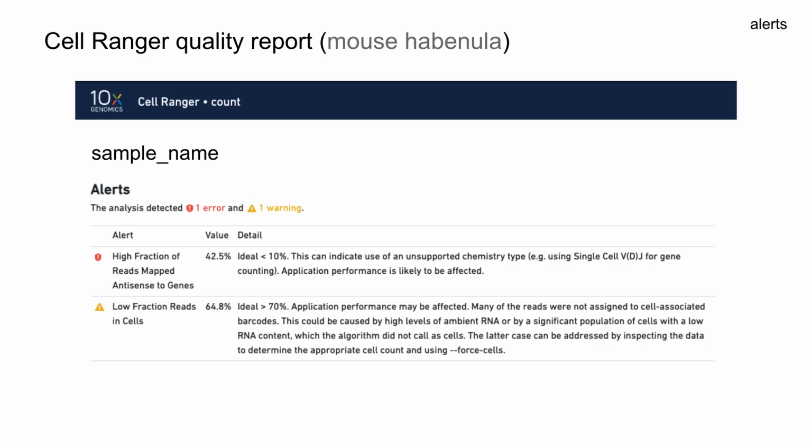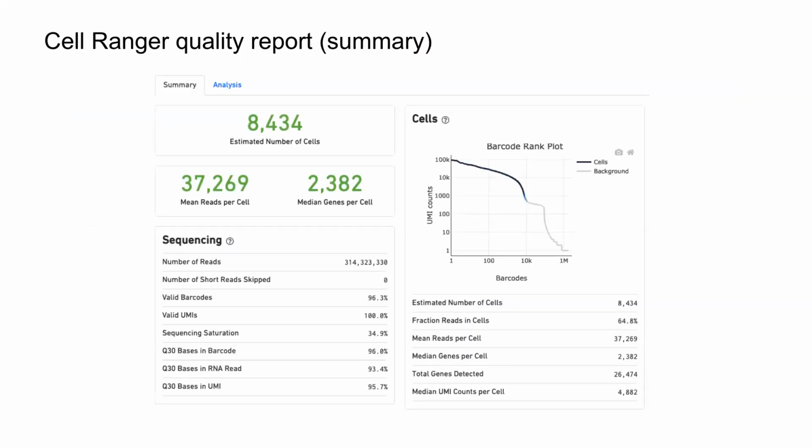So when the droplet forms, the gem forms with the cell inside of it, there's also going to be random other RNAs floating in there that may have come from a bunch of different cells. We can take that into account with different computational models to try to remove the ambient signal, which is what I'm going to show in a little bit.